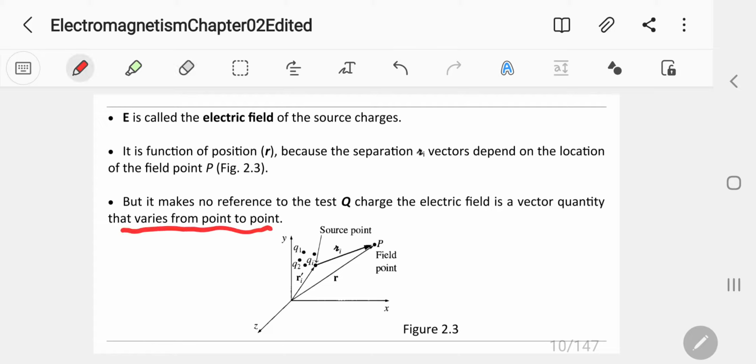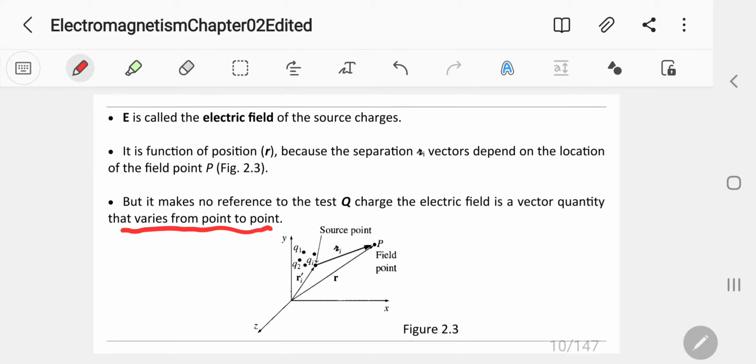So when you are near the source charges, the electric field you feel there in magnitude would be greater than when you're far away from the charge distribution, because it is a function of the distance. And so when you're nearer, you feel a greater electric field. When you're farther, you feel a lesser electric field.